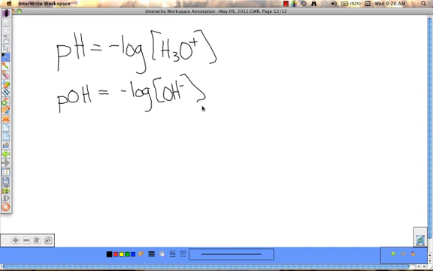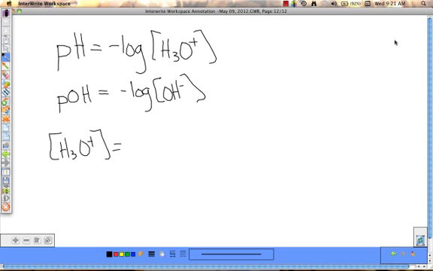So you can find pH and pOH using our negative logs. If I want to know the hydroxide concentration, what would we do?